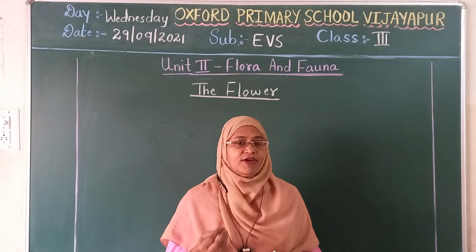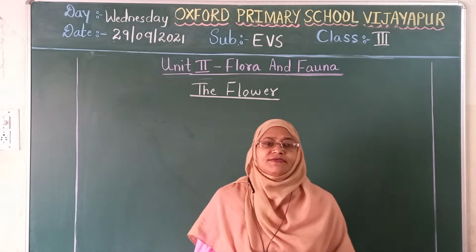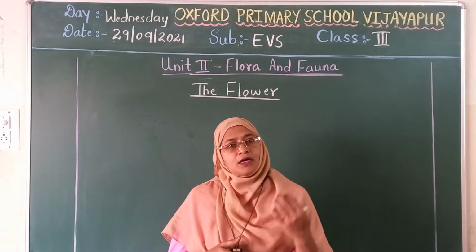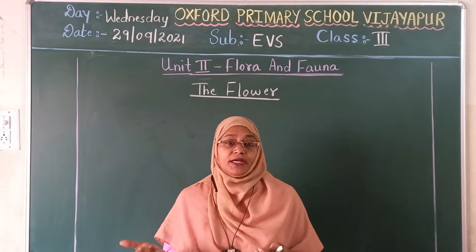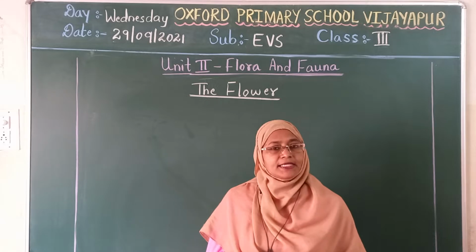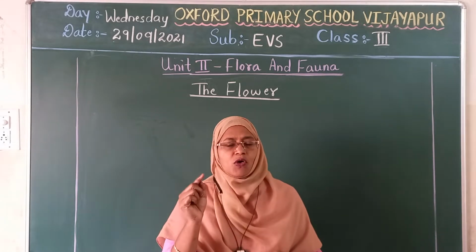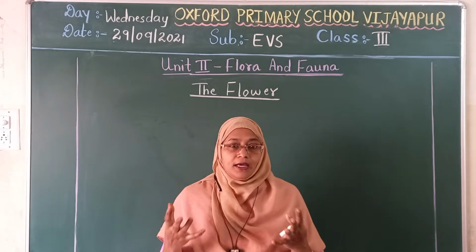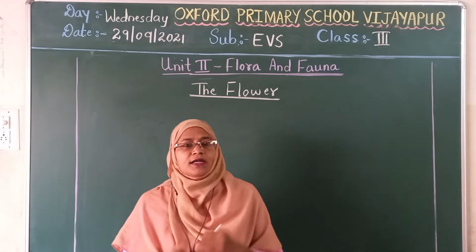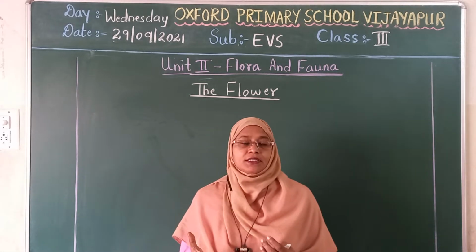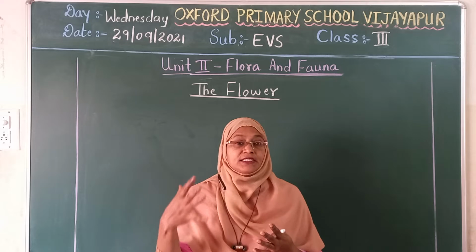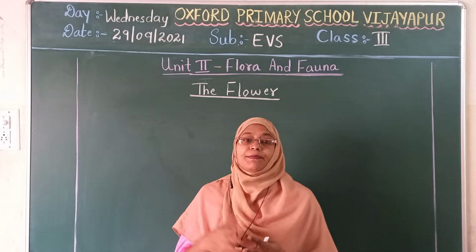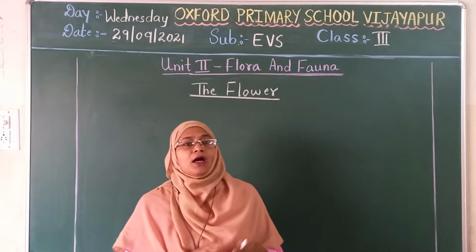Already leaves are green in color. Even though flowers are different in shapes and size, whether small or big, they are so attractive, they are so colorful. And when birds sit, the plant looks very attractive.